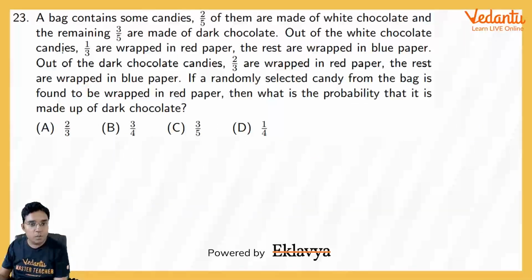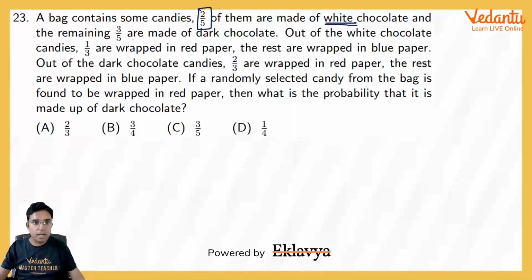Coming to question number 23, it says a bag contains some candies. 2/5 of them are made of white chocolate, and the remaining 3/5 of them are made of dark chocolate. Out of white chocolate candies, 1/3 are wrapped in red paper and the rest are wrapped in blue paper.